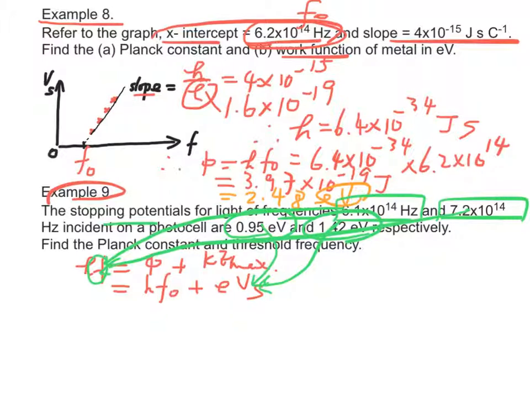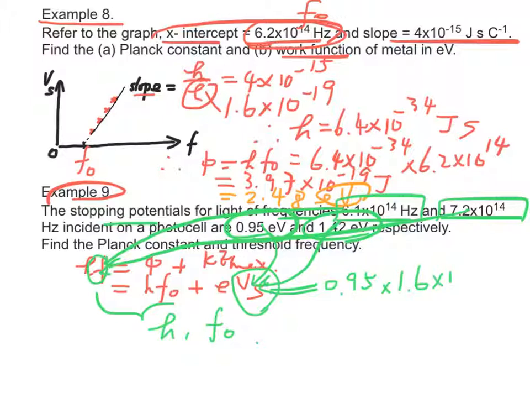By solving the two equations, we can find the values of h and f naught. Bear in mind that Vs should be changed to units of joules. That is, if Vs is 0.95 eV, it should be changed to 0.95 times 1.6 times 10 to the power negative 19 joules.